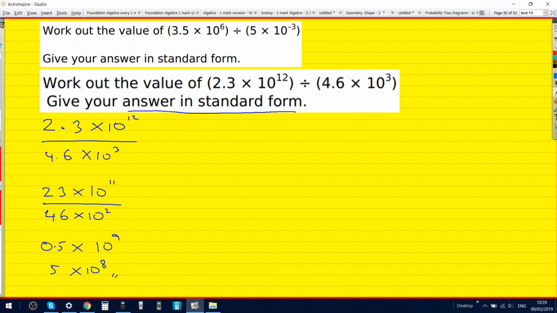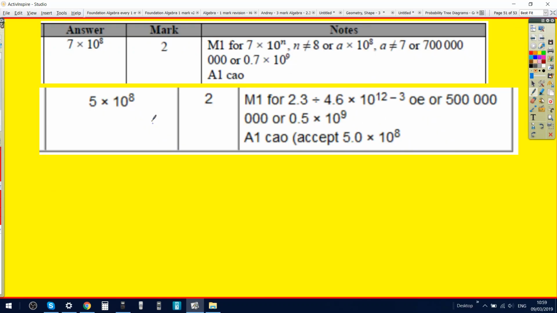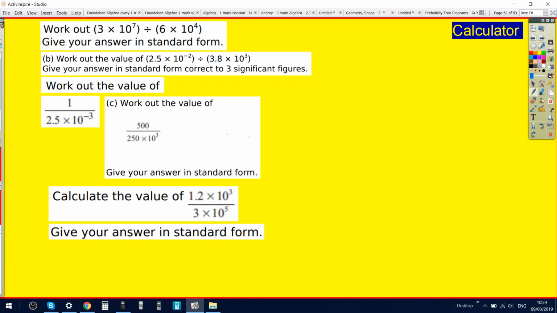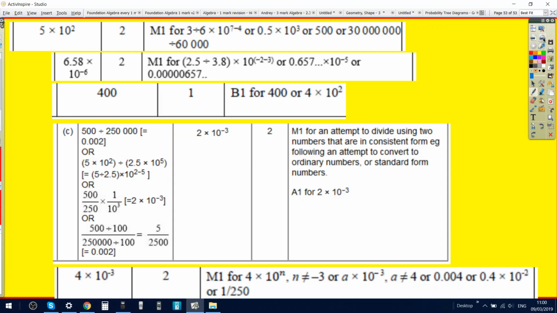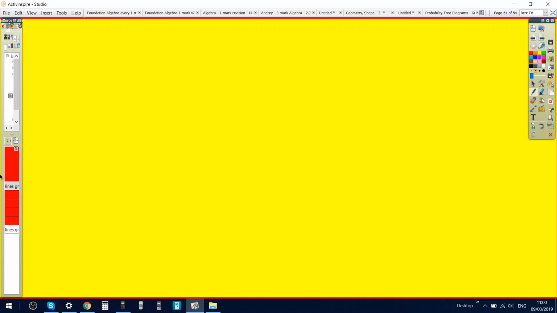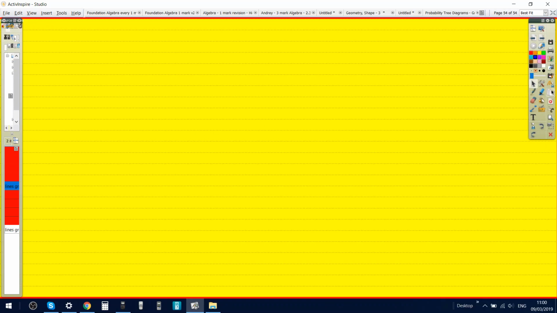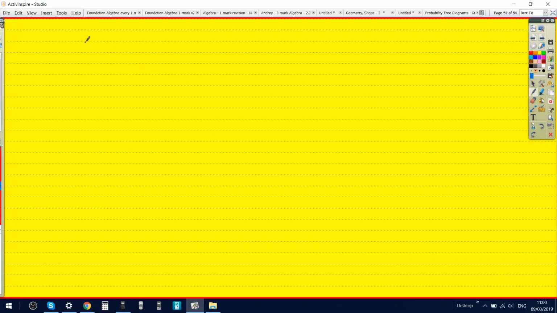Give your answer in standard form, so they don't want it that long way. Yeah. 5 times 10 to the 8. These are calculator. You just put them in your calculator. They're easy enough. So standard form in general, a tick. So we didn't get onto the small standard form, but we got most of it done.